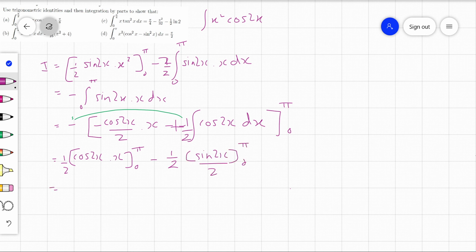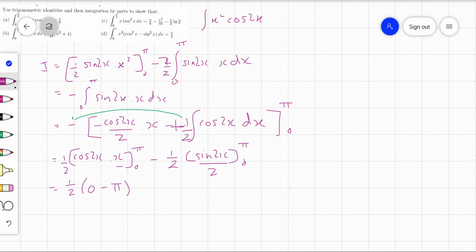All right, so let's do that. When I put 0 in, I'm going to be minusing 0 because it's times 0 times x.